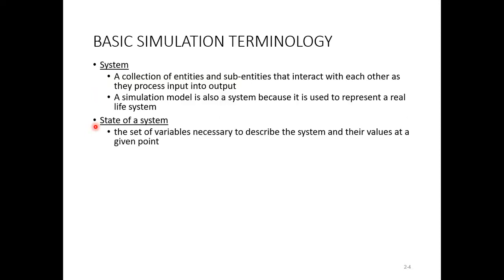The state of a system is a set of variables necessary to describe the system and their values at a given point. Normally in a simulation you have a dependent variable, which is influenced or caused by independent variables, and then of course there are some control variables which have to be kept constant.